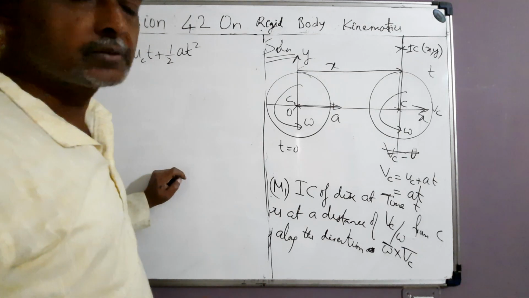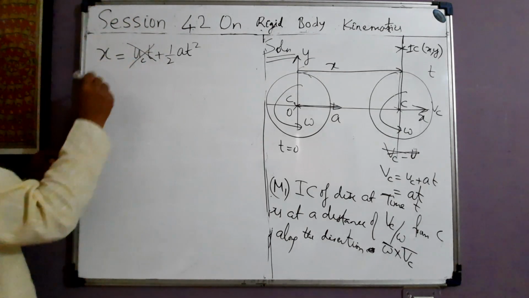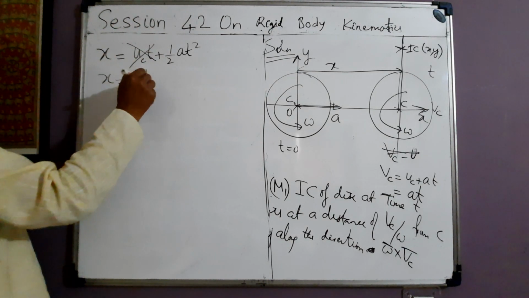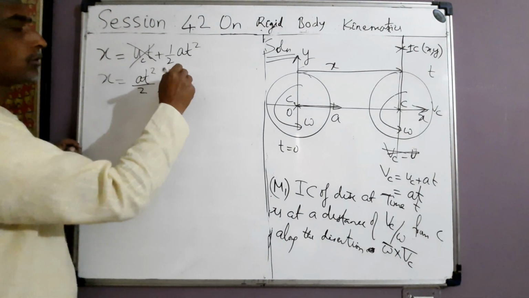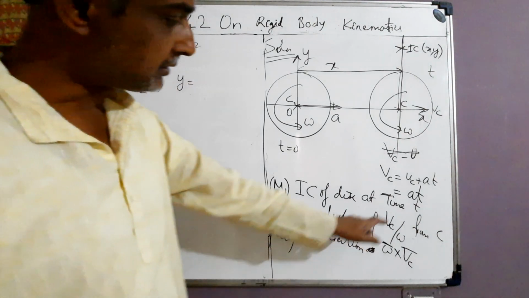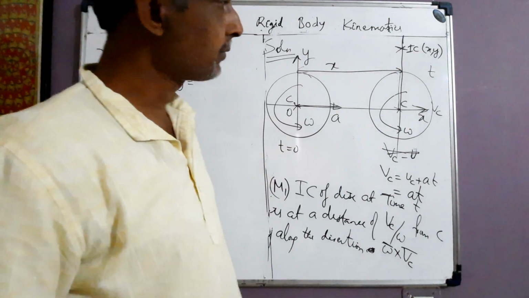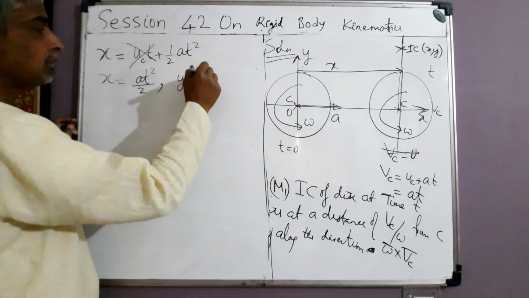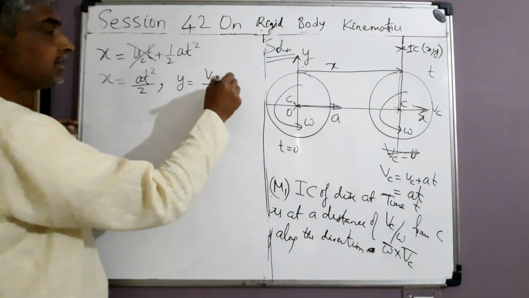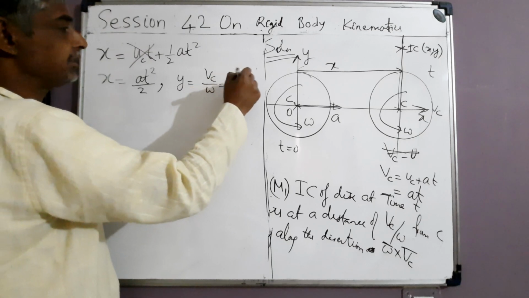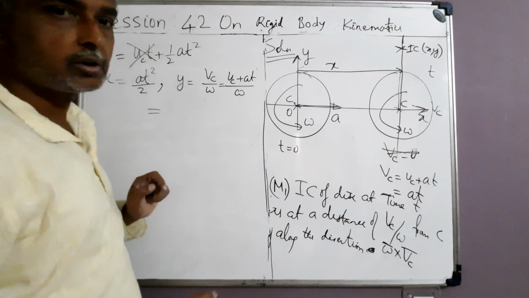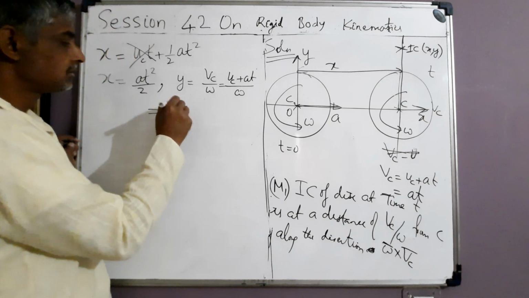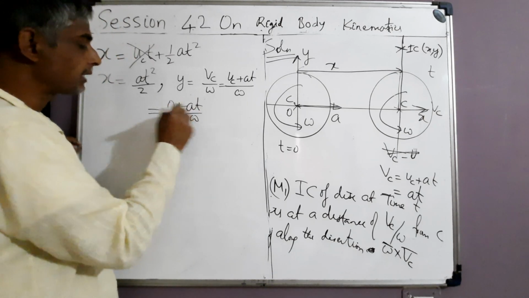Uc is initial speed of center C of disk. This term goes away. X becomes at square by 2. Okay. And what about y coordinate? So y coordinate is at a distance of Vc by omega from C. So y coordinate is simply Vc by omega. Now Vc is equal to uc plus at. Uc is the initial speed of center C of disk, which is 0. So y is 0 plus at by omega.